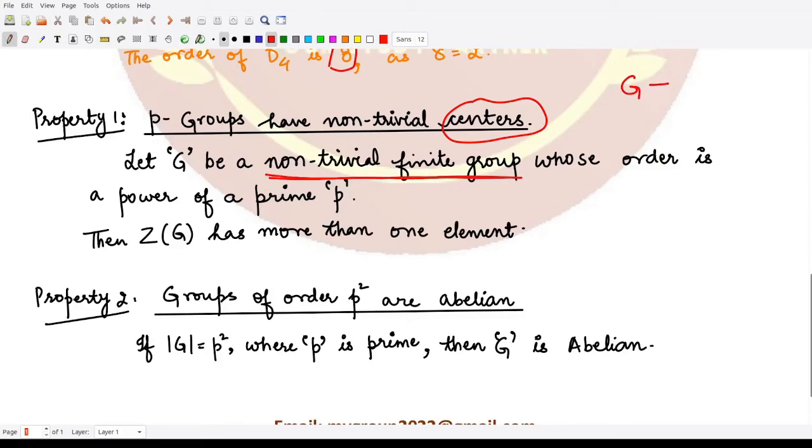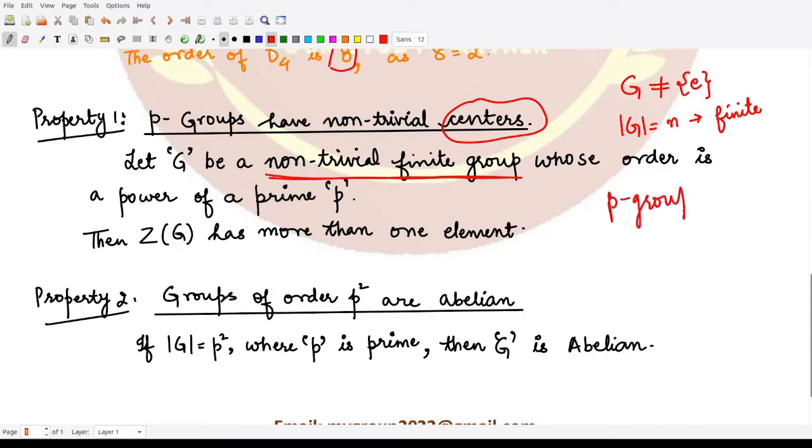A group G which is not equal to the identity alone is a non-trivial group, and if the order of G is n, where n is finite, then we call it a finite group. So if we consider G to be some non-trivial finite group whose order is a power of prime P, that means we are talking about a non-trivial finite group that is a P group.